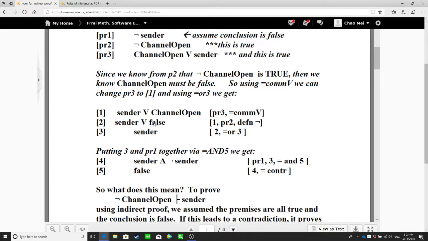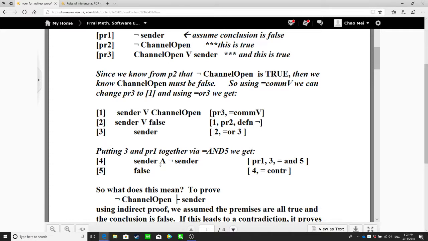Seems a lot of questions there. So if it's something or a false, the thing depends on that something. Okay, so the sender. And then we put this sender and this sender.